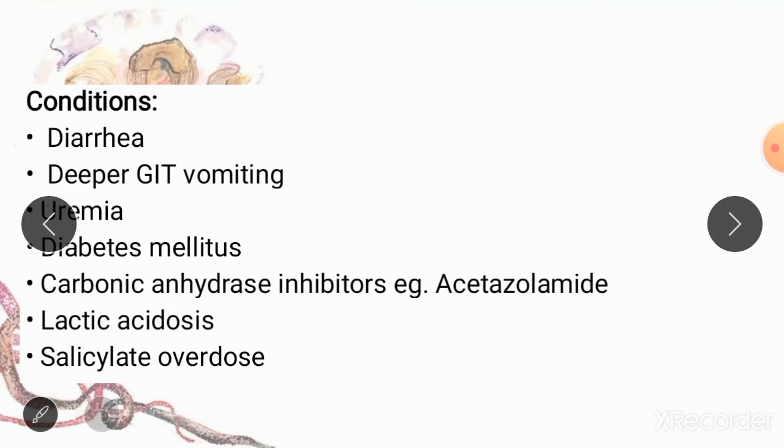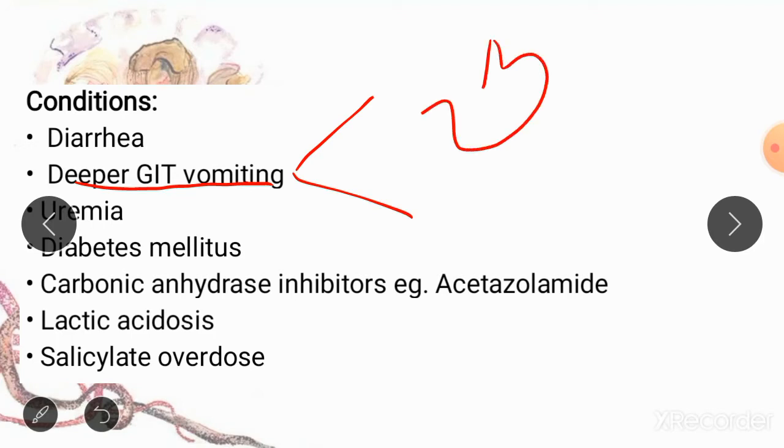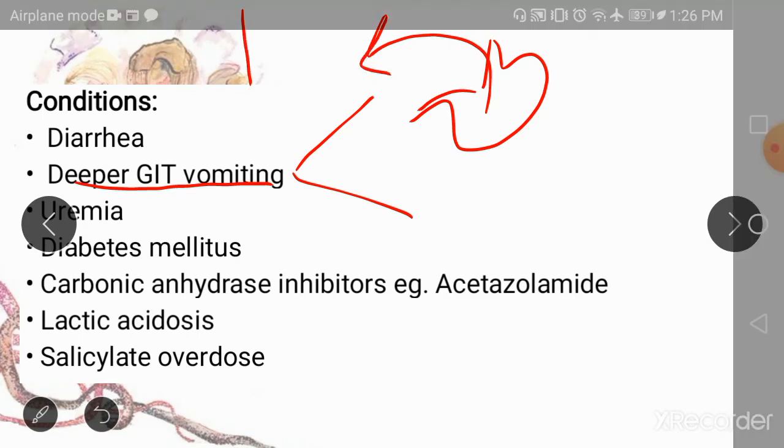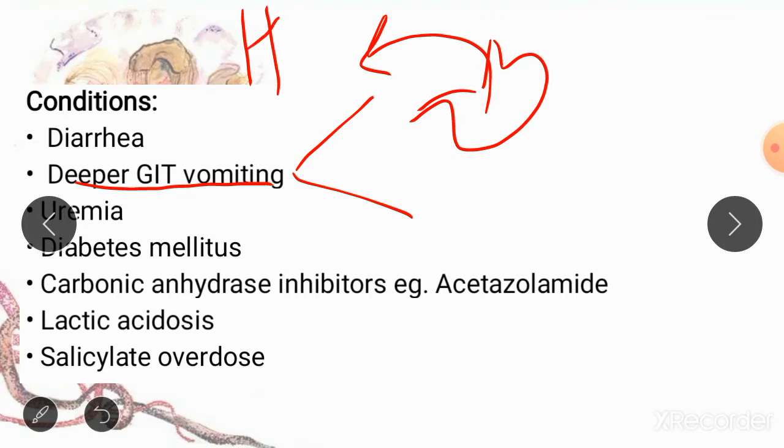Also, deeper GIT vomiting. There are two kinds of vomiting. One in which you vomit out the contents of your stomach. When you vomit out the contents of your stomach, you are losing the HCl from your stomach, and when this HCl is lost, this is going to result in alkalosis. So we are not talking about stomach vomiting.